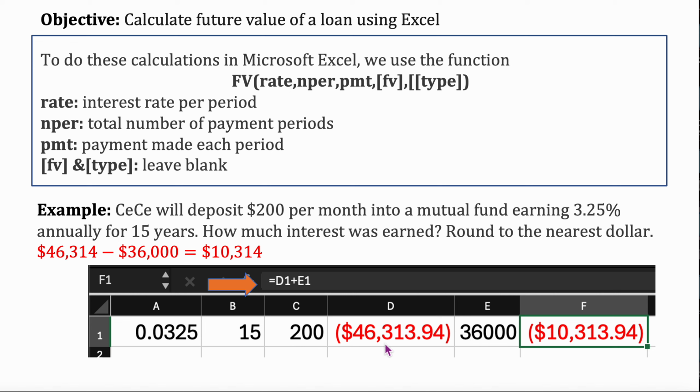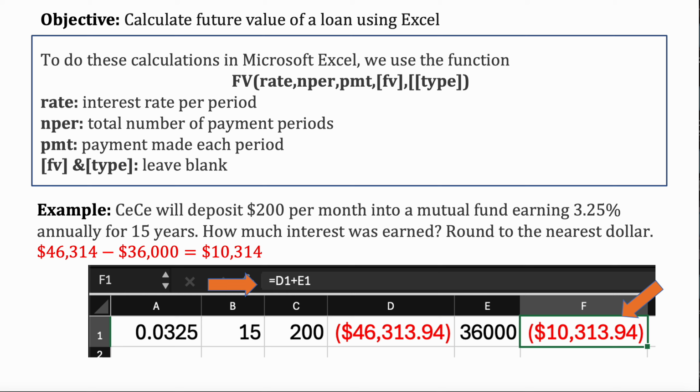But you could have done that very easily in your head. That 46,000 number minus that 36,000 number is where I got that $10,000. And I rounded that to the nearest dollar for a final answer of interest earned: $10,314.